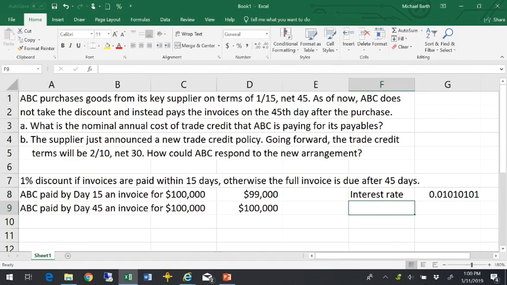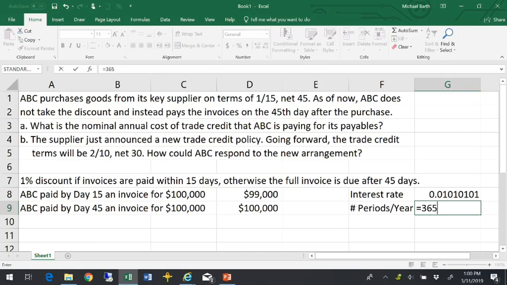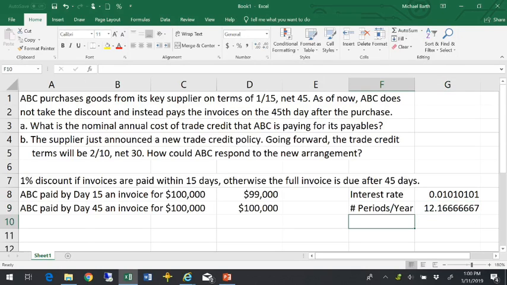To annualize that, or figure out how many of those periods there are per year, well, the loan would go from day 15 to day 45. That's essentially 30 days. So there are a little over 12 30-day periods in a 365-day year.